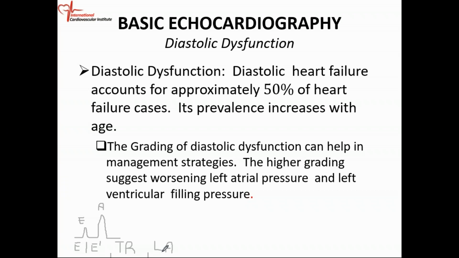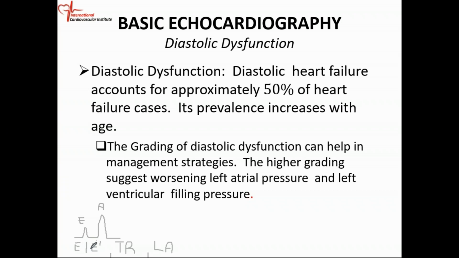Your grade 1 diastolic dysfunction patient is going to have a small E and a relatively big A, so the E is going to be smaller than the A. Your E to E prime ratio is going to be less than 15, more likely less than 10, because these patients are in the earliest stage of the diastolic dysfunction. So the left atrial pressure is usually not elevated.